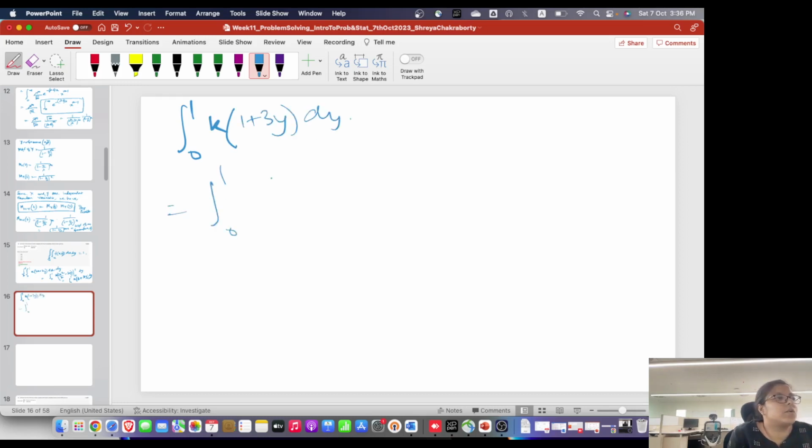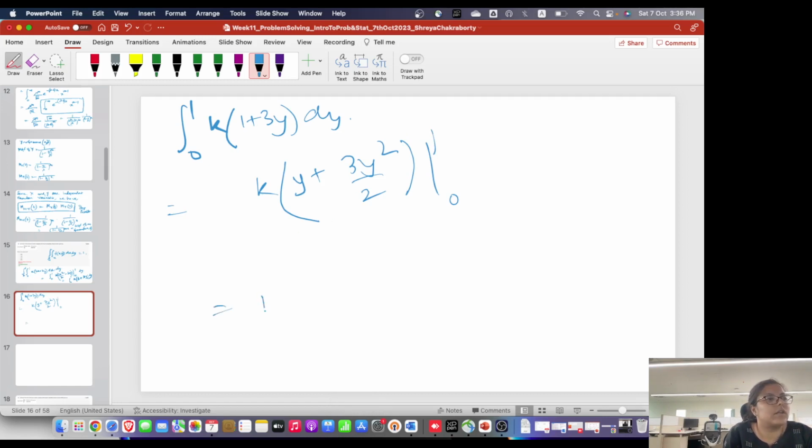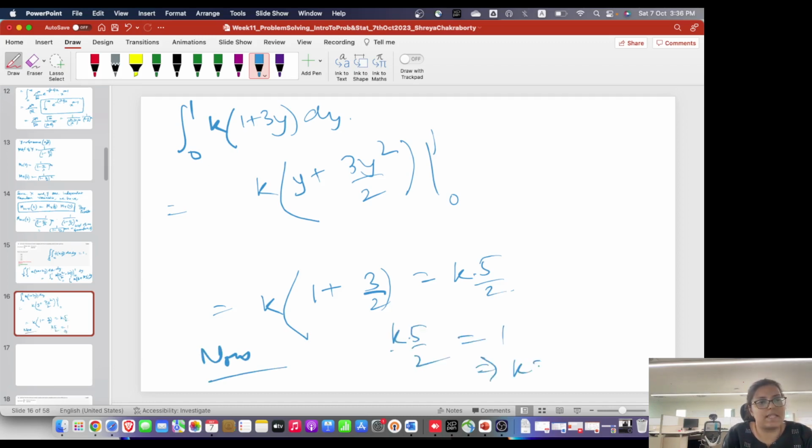So this would be k[y + 3y²/2] from 0 to 1. Here we'll have 1 plus 3/2, so this is k times 5/2. Now k times 5/2 should be equal to 1, which implies k equals 2/5, and that is the answer.